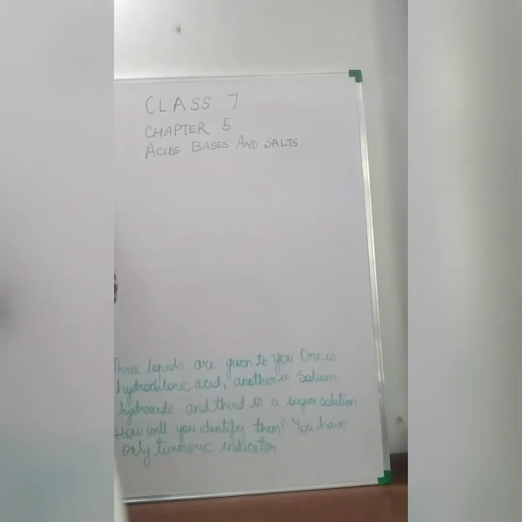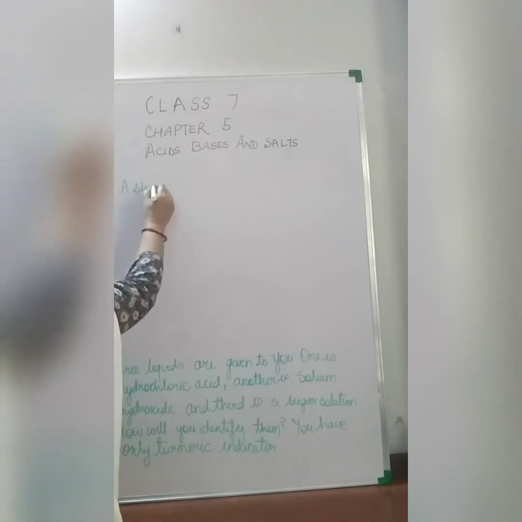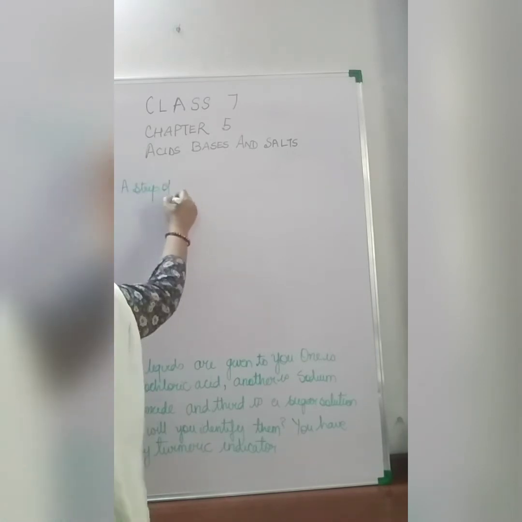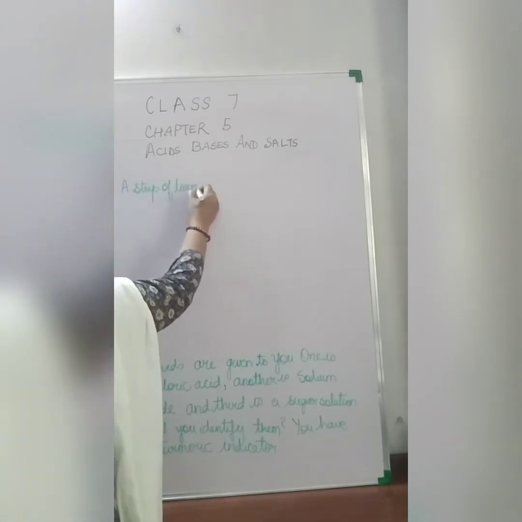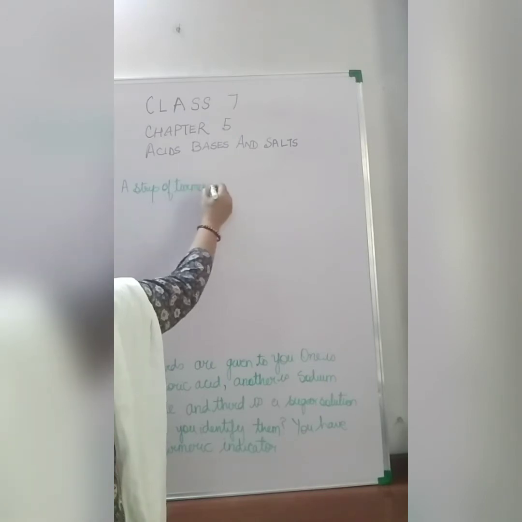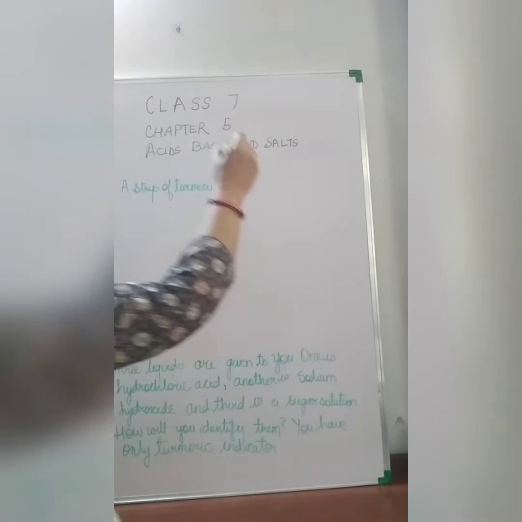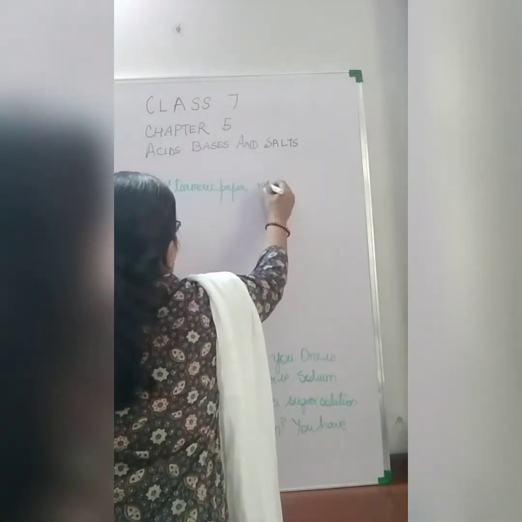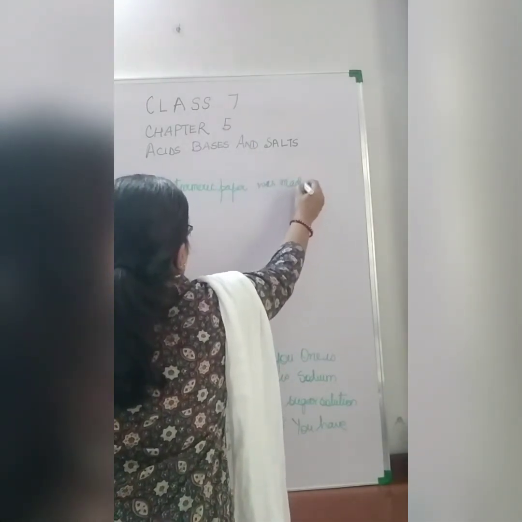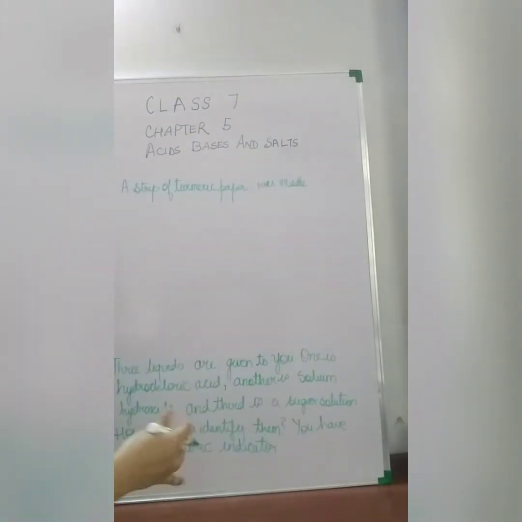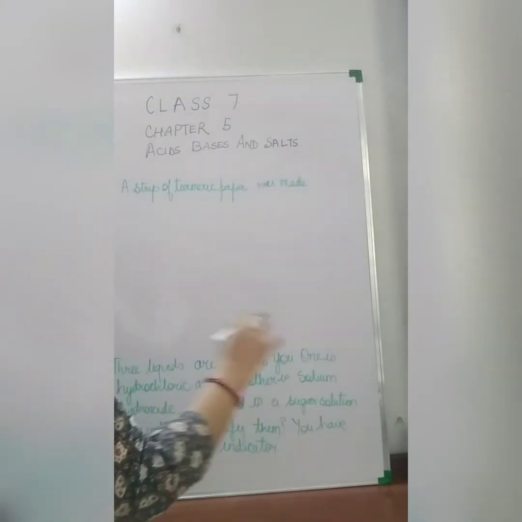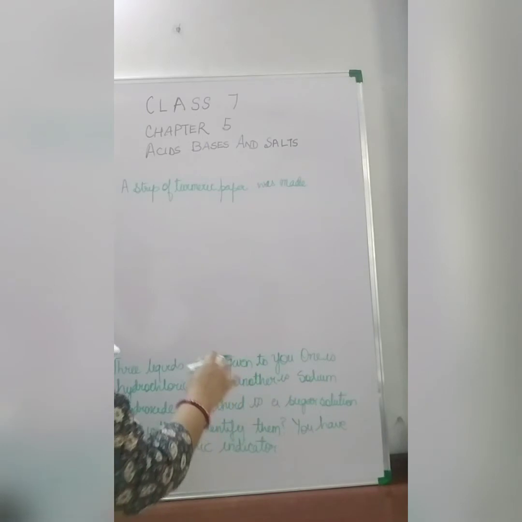Answer 9. A strip of turmeric paper was made by simply having a paste of turmeric onto a piece of paper.